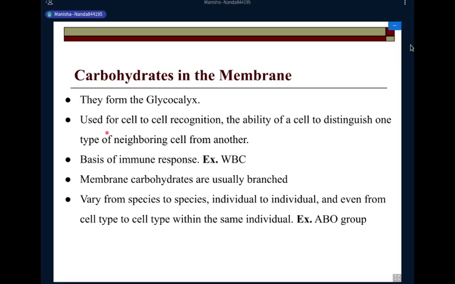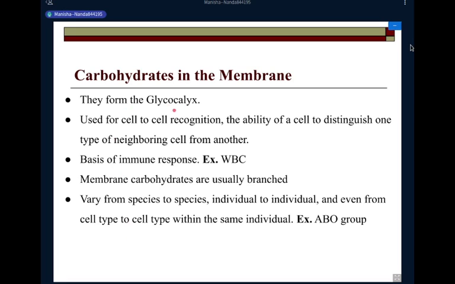Now, as I've told you earlier also, these are used for cell-to-cell recognition, that is the ability of a cell to distinguish one type of neighboring cell from another. This forms the basis of immune responses, and these membrane carbohydrates, whenever present, are usually branched. They are not linear. You have seen it in the structure also.